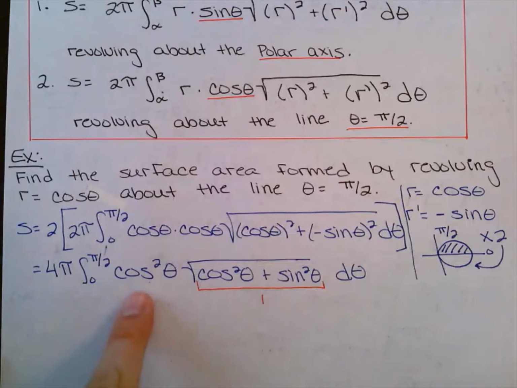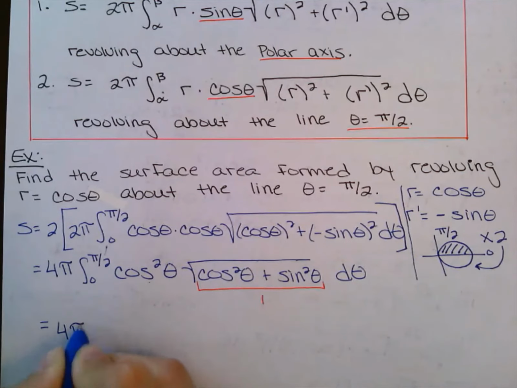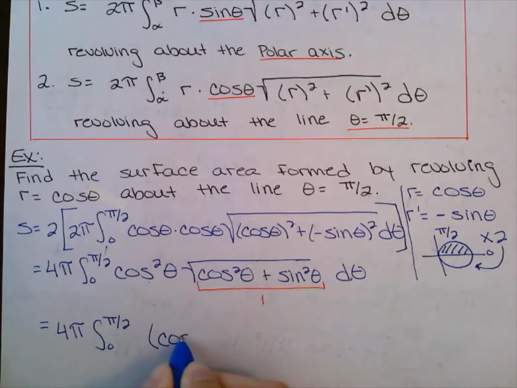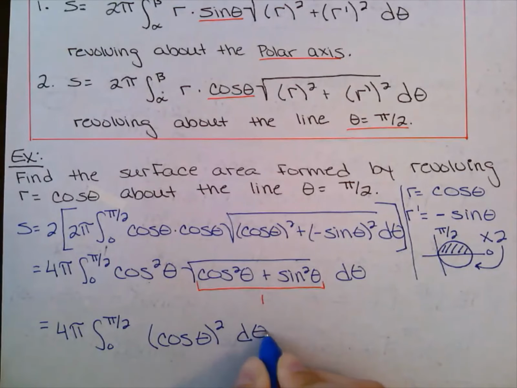And 1 multiplied to cosine squared is just going to be cosine squared. So this cleans up real nice. I have 4 pi times the integral from 0 to pi over 2. I'm going to write this as cosine of theta squared. And then remember, times 1, it just stays the same. And of course, in terms of theta.